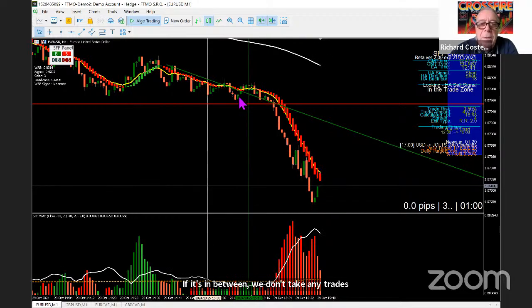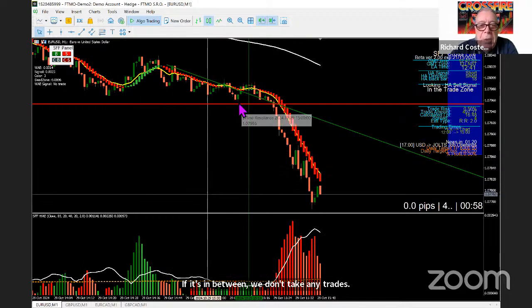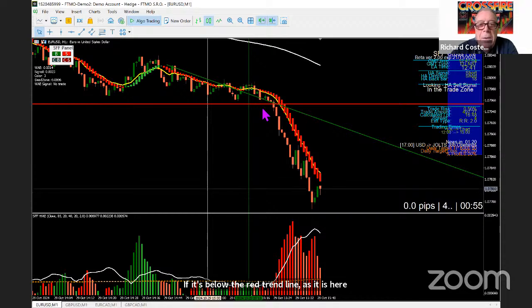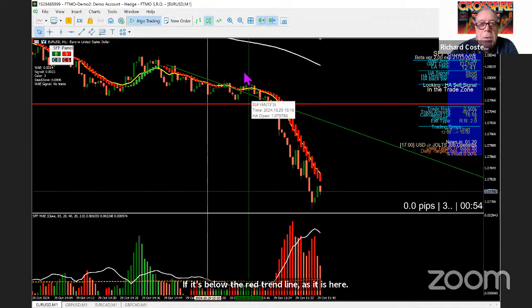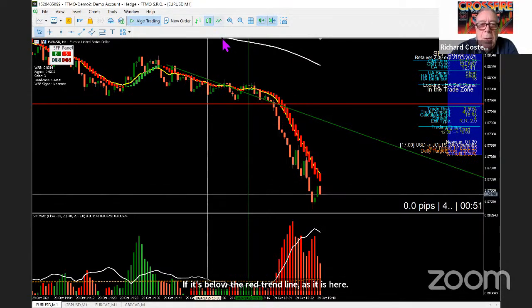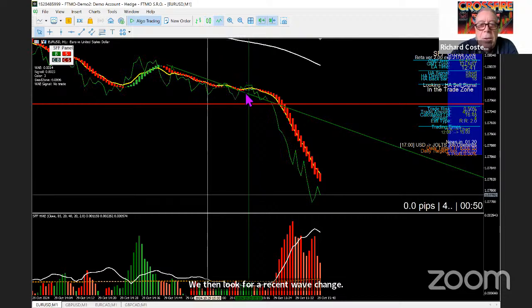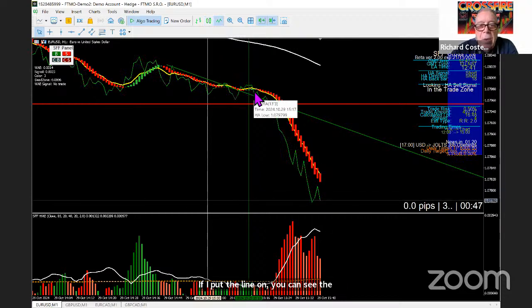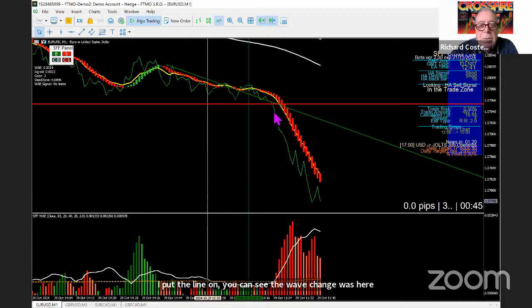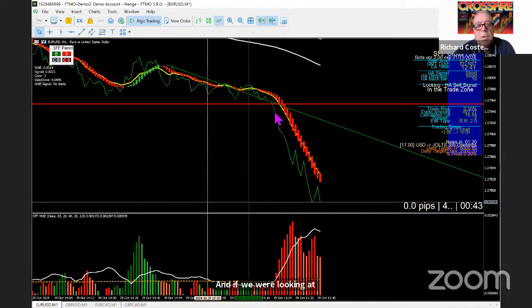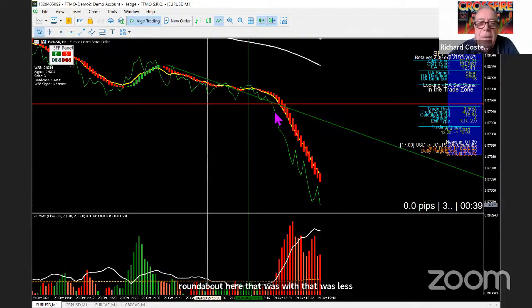If it's below the red trend line, as it is here, we then look for a recent wave change. If I put the line on, you can see the wave change was here. And if we were looking at round about here, that was less than 20 candles. So that qualifies. The thing that didn't qualify in my settings was the MA crossover.